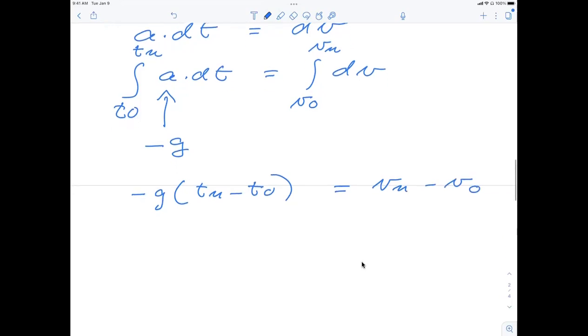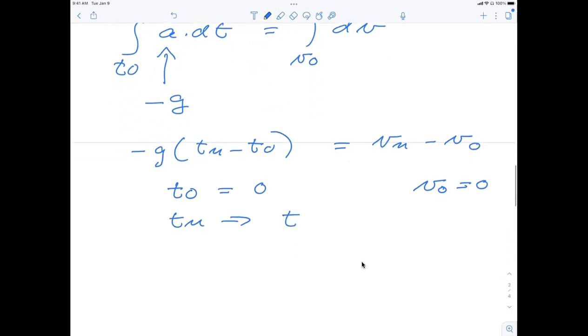Then the standard choice is to let t0 be equal to 0. In this case, just for simplicity, we can also make v0 equal to 0. And then we let tn become a general time. We don't need to have the final time, so we just relabel it and let it be t. That means we have a vn, which goes over to v as a function of t, and that's simply equal to minus g times t.